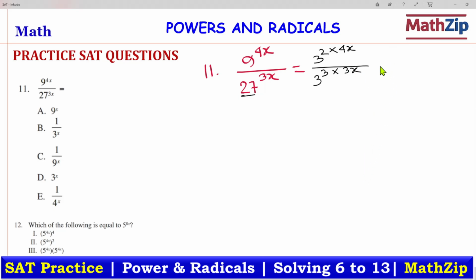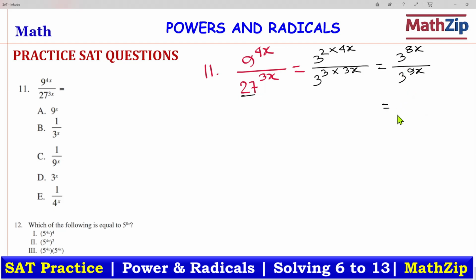Now what will happen in here? 3 to the power 2 times 4x, it means 8x, and here is 3 to the power 3x times 3, it means 9x. Now here 3 and 3, both bases are same.